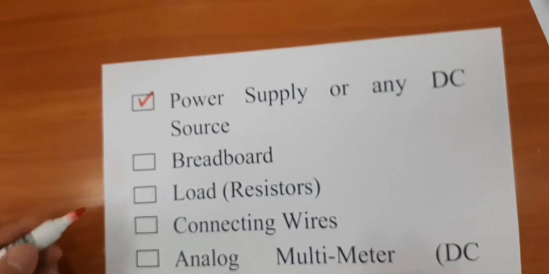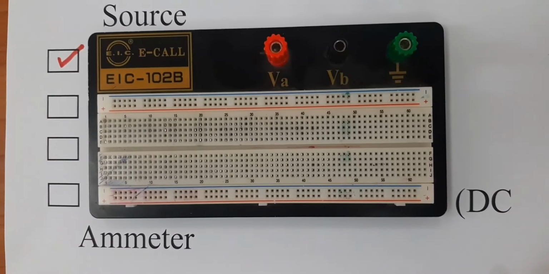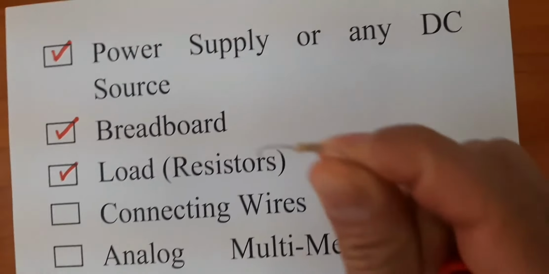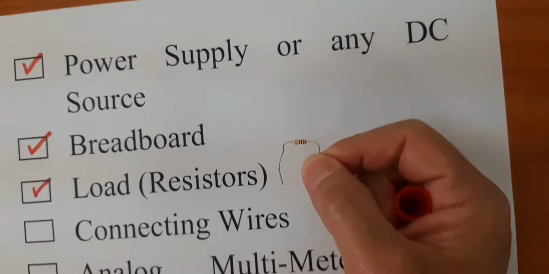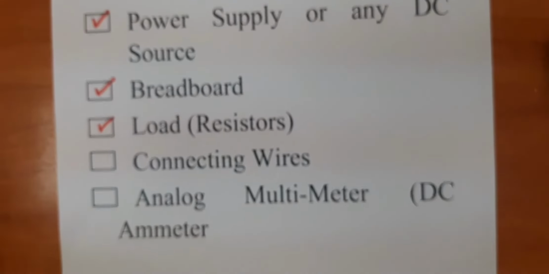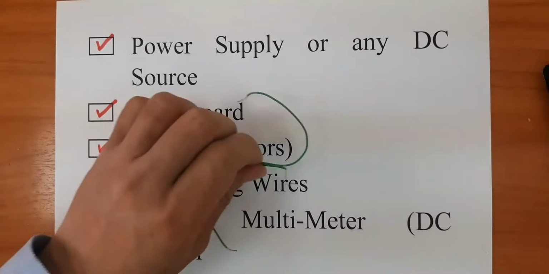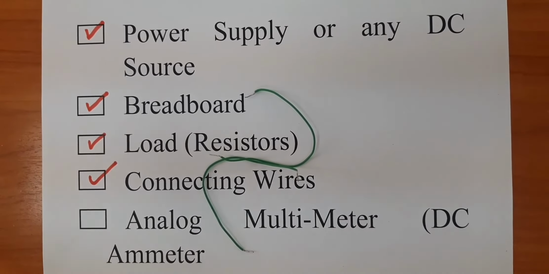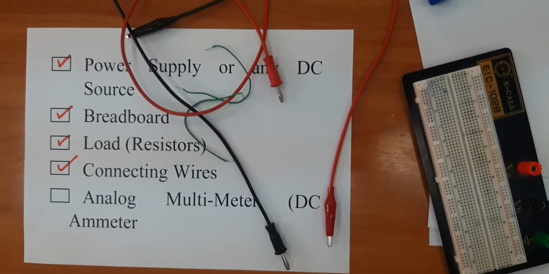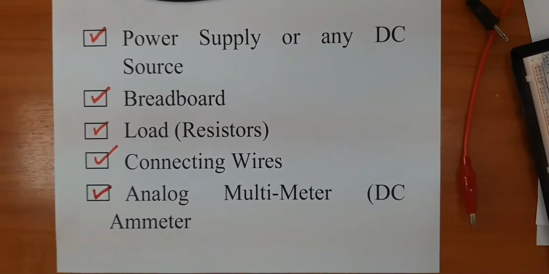We have breadboard, we have load or a resistor, then we have connecting wires, and analog multimeter as DC ammeter.